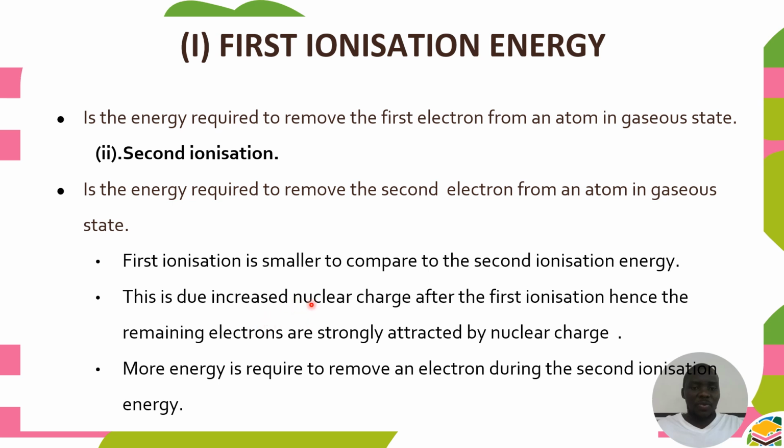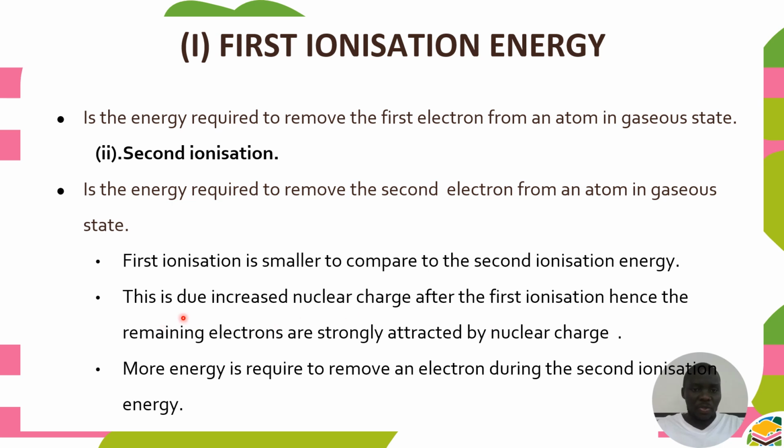After an electron has been removed, the strength that was offered to that electron is distributed to the remaining electrons in the outermost shell, hence they are pulled inward. That's why to remove another electron, the remaining ones are strongly attracted by the nucleus, so it is difficult to remove an electron during the second ionization energy.